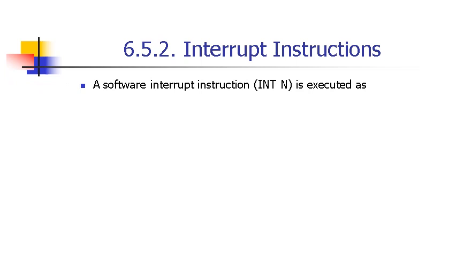And again, the software interrupt instruction is INT. You have to include this if you are to call some interrupt service routine by your software. You use this instruction INT followed by your interrupt vector number.